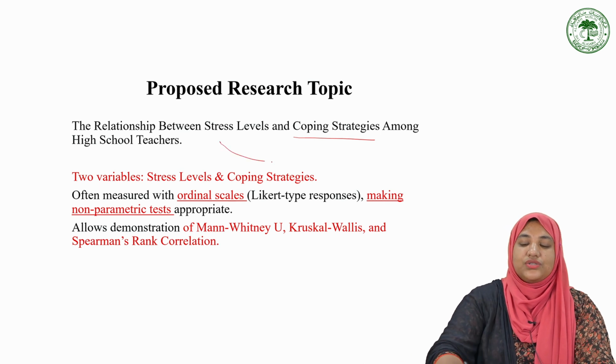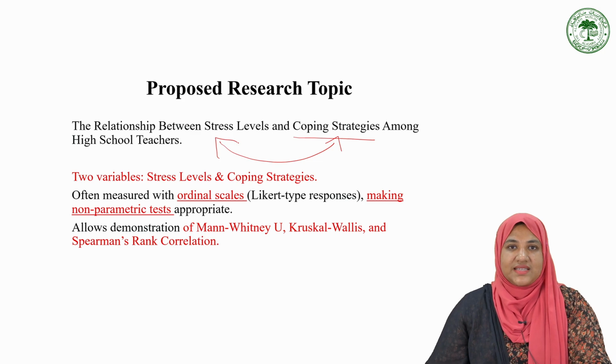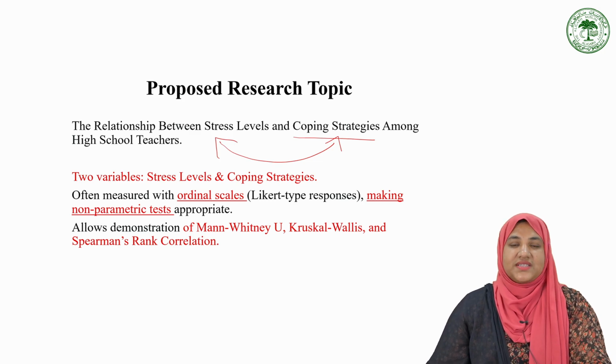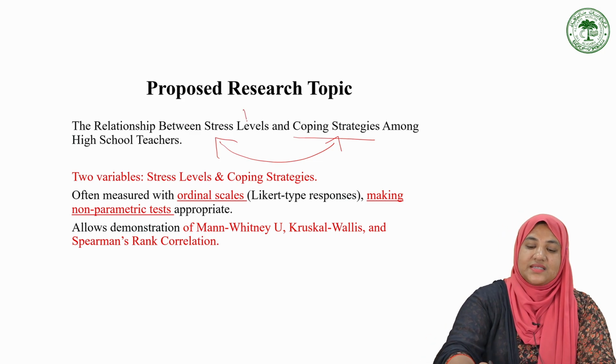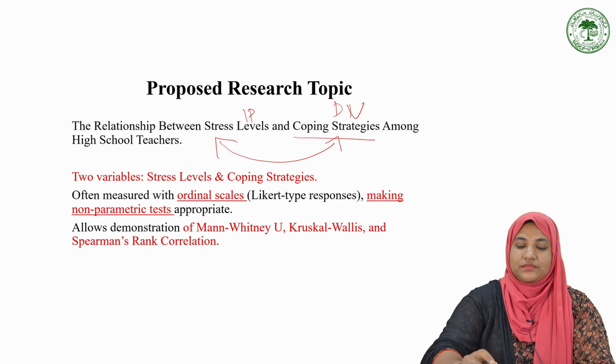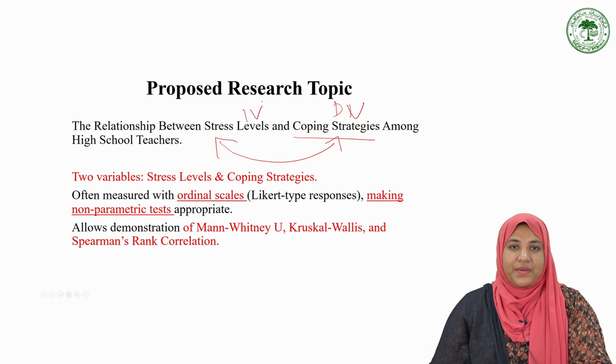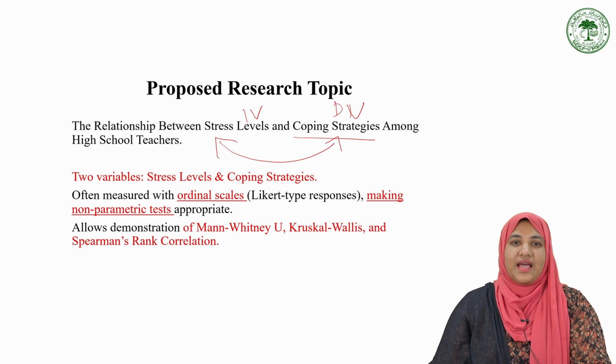So these are the two variables that we have taken over here, that is the stress level and the coping strategies. Stress level is considered as the independent variable and coping strategies is considered as the dependent variable. So here we assume, what is the relationship between the stress level and the coping strategies?